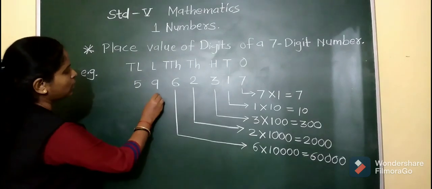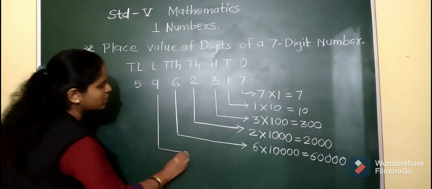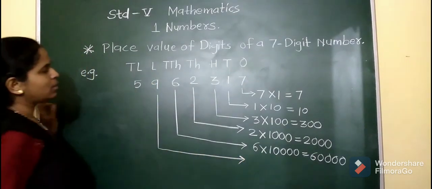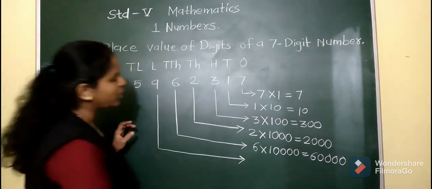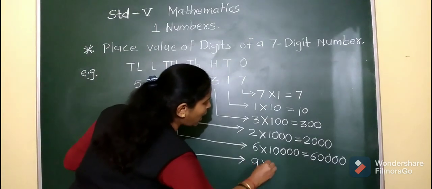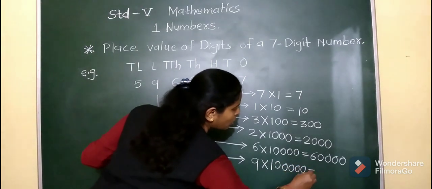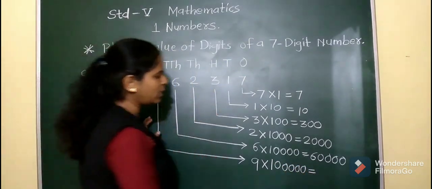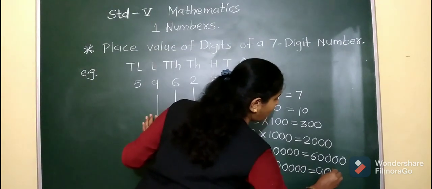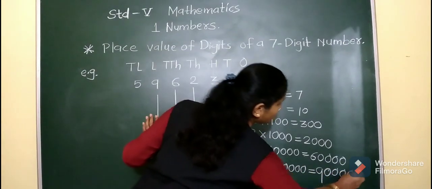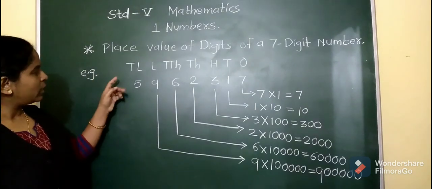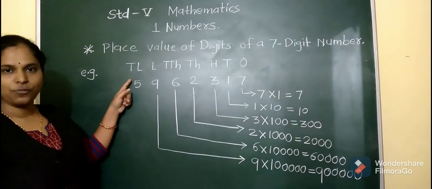Next is 9. 9 is at lakhs place. So we multiply 9 by 1 lakh. The place value of 9 is 9 lakh. Next digit is 5.